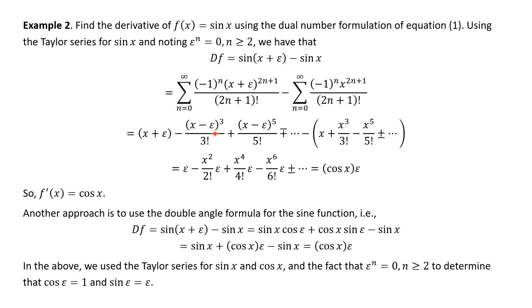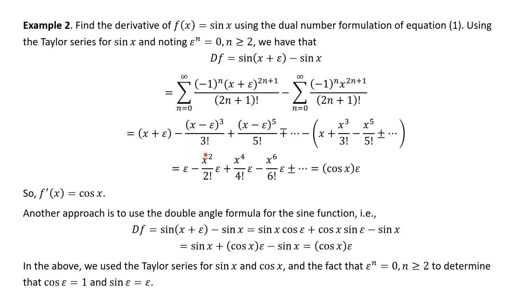What's left are the powers of epsilon times some power of x. And the powers of epsilon of 2 or greater all go to 0, so you're just going to get one non-zero term in terms of the epsilons here. And for the first one, if you multiply this out, as we saw in the expansion on the previous slide, you're just going to get x squared epsilon over 2.